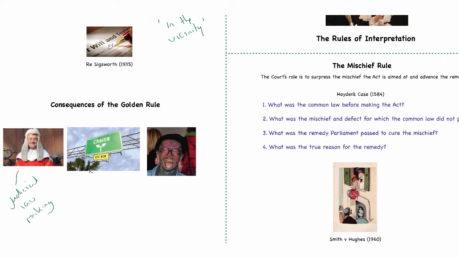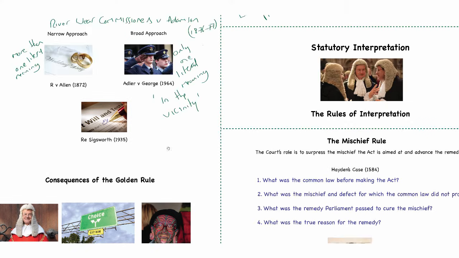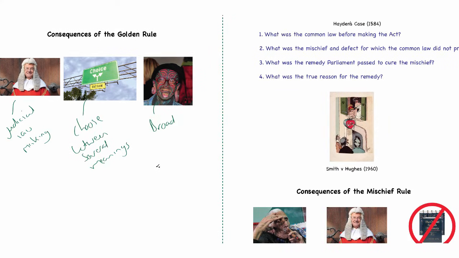The narrow approach allows judges to choose between several meanings. And finally, the broad approach, the one that we saw in the prohibited place case, Adler versus George, allows modification of the meaning of words.